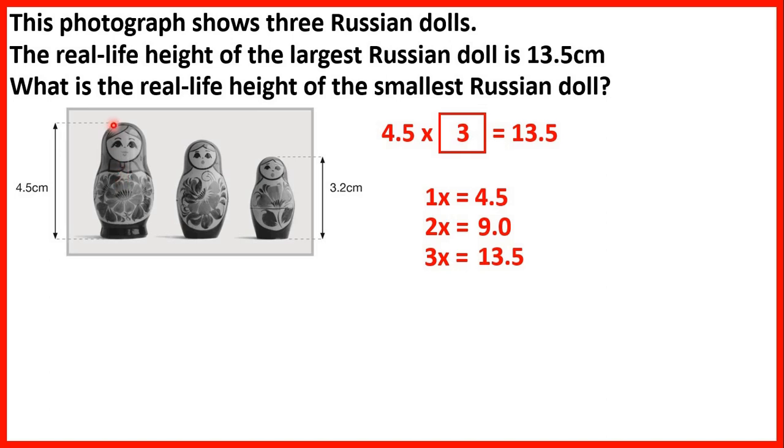So to get the real-life height from the height in the photograph, we need to multiply by 3. So we can see that the smallest Russian doll has a height of 3.2 centimetres in the photograph. So if we multiply that by 3, we get 9.6. So the real-life height of the smallest Russian doll is 9.6 centimetres.